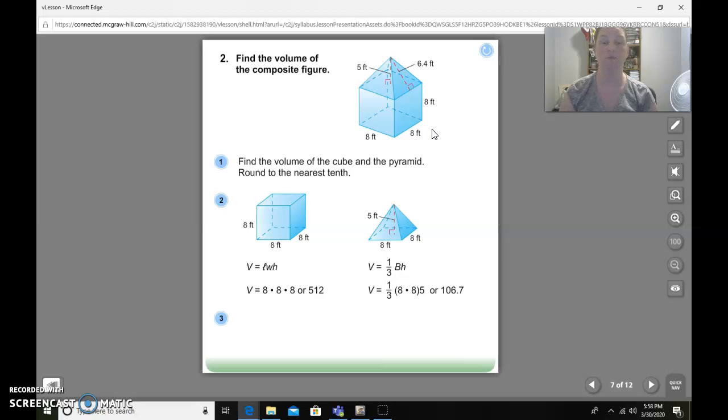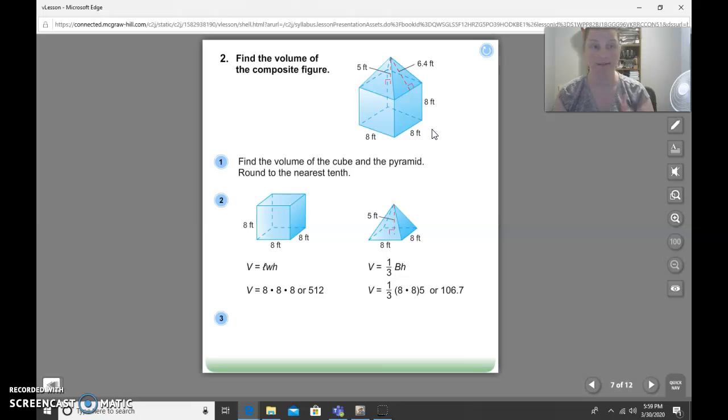To find the volume of a pyramid, you're going to multiply the base times the height and take 1/3 of that. So 1/3 of 8 times 8, okay, times 5, because that's your height.